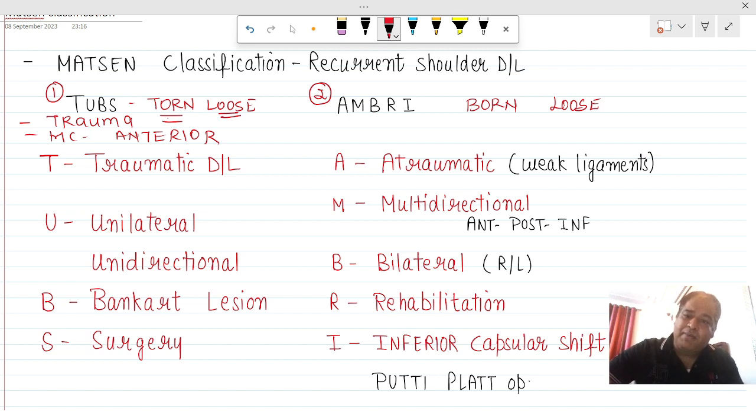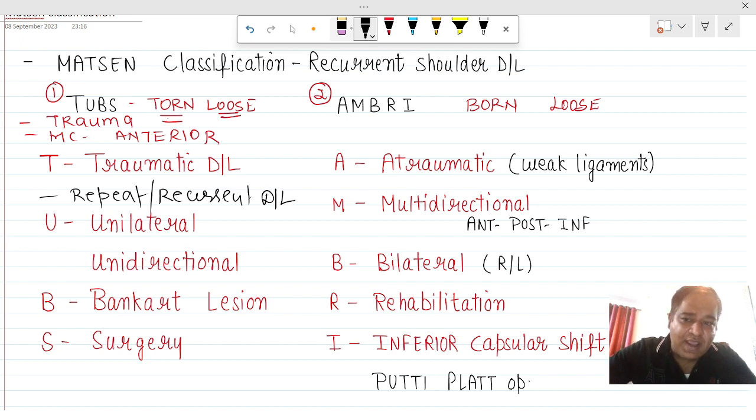So T, traumatic dislocation. Now, after that, I may have repeat, recurrent dislocation, and it goes without saying it will be on the side of first dislocation. If first dislocation was on the right side, there are more chances that second dislocation will also be on the right side, right?